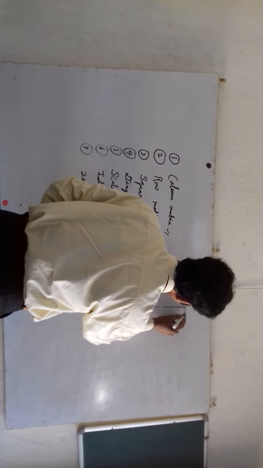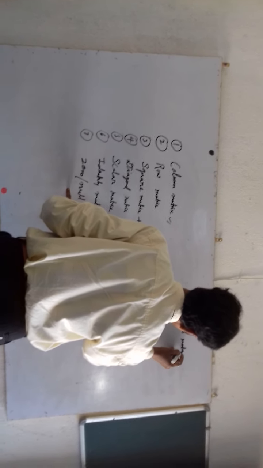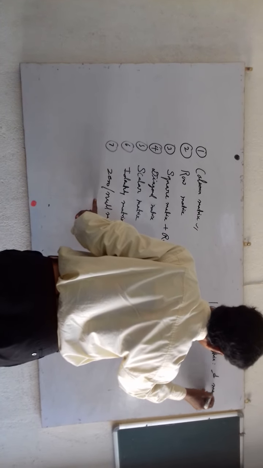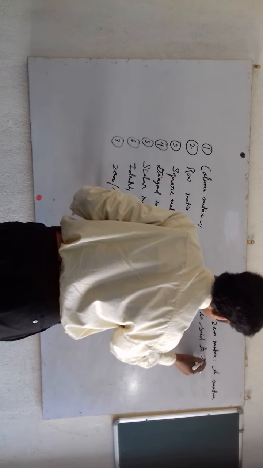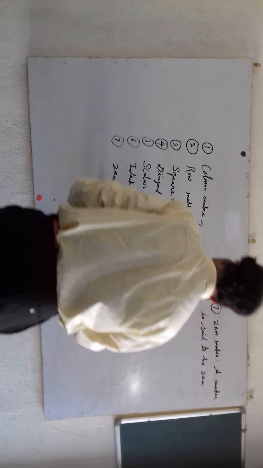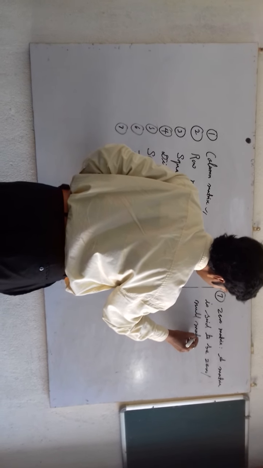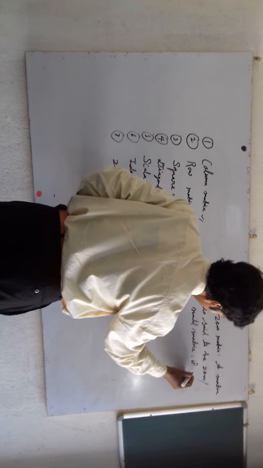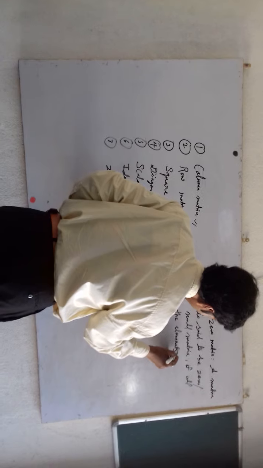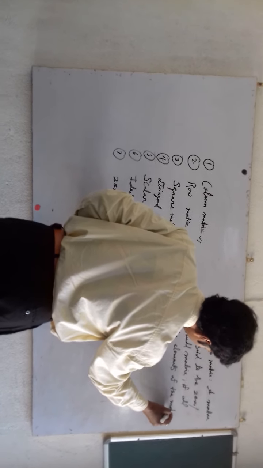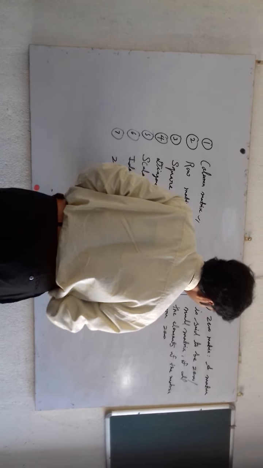We can define the zero or null matrix as: a matrix is said to be a zero or null matrix if all the elements of the matrix are 0.